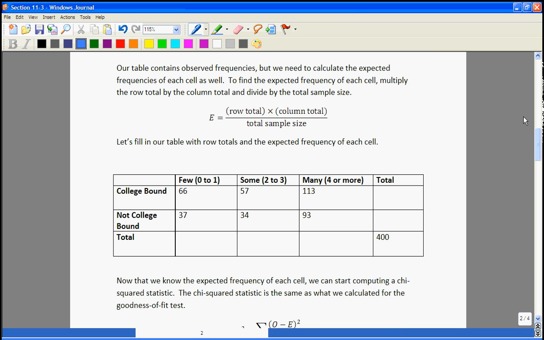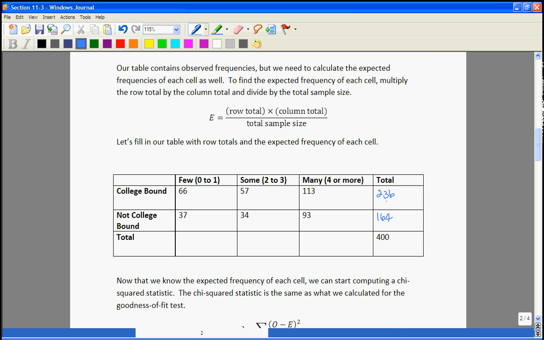So I'm going to add straight across for the number of students who are college bound, and I get a total of 236. And then same thing going across for those who are not going to college, and I get 164. And to double check, you want to make sure that those two numbers add up to 400, which they do.